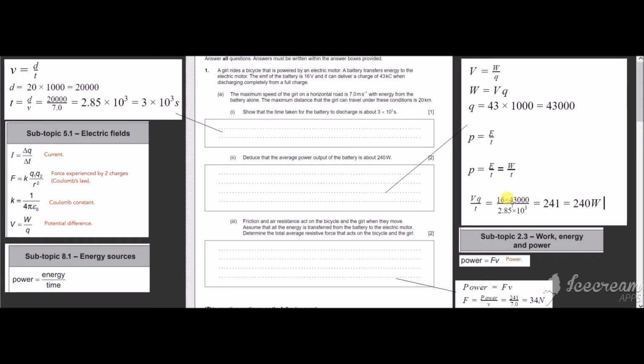So 16 × 43,000 divided by 2.85 × 10^3 is equal to 241, and when you round that off you'll have 240 watts. That's how you solve part 2.